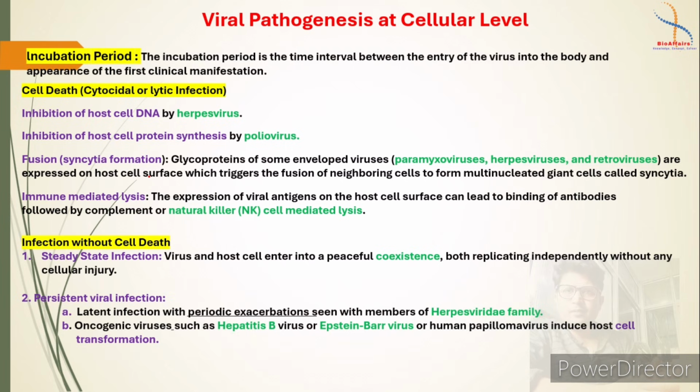It is the period from when the virus enters your cell or your body to the first onset of symptoms. This period is called the incubation period. It depends on several factors and varies from one virus to another. I am not going to give you the detail of each virus's incubation period, but you need to know the term incubation period.